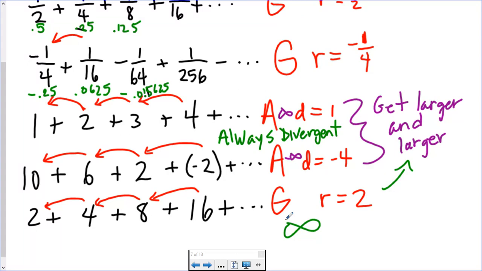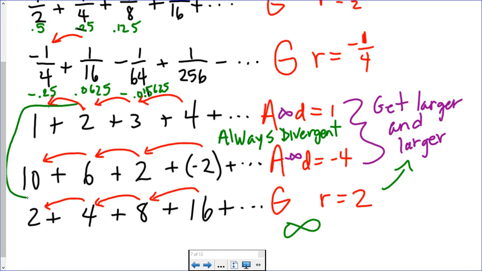Again, how can I decide which infinite series actually have a value that we can find when we add them all up? So let's see what we've talked about so far.